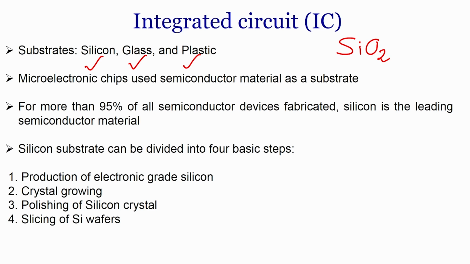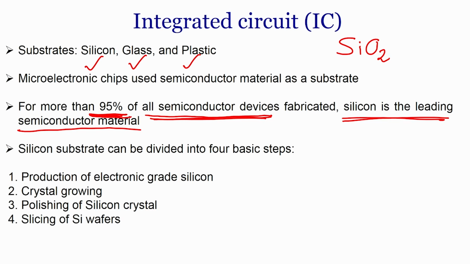For more than 95% of all semiconductor devices fabricated, silicon is the leading semiconductor material. So, what we found is that more than 95% of semiconductor devices use silicon.